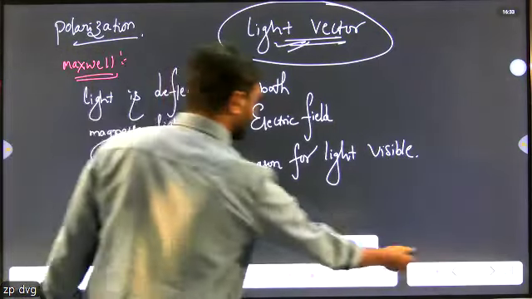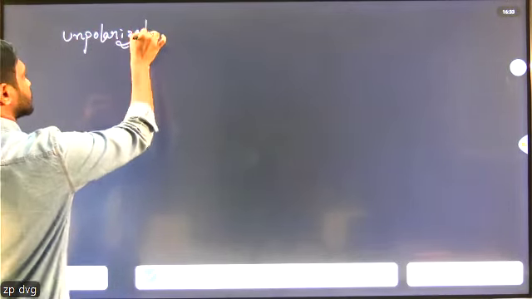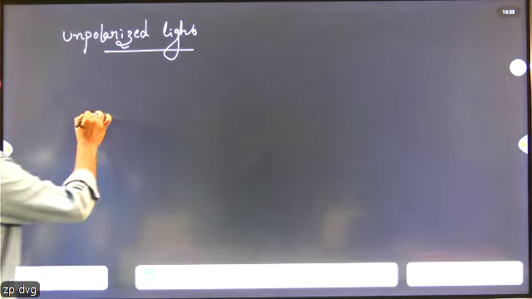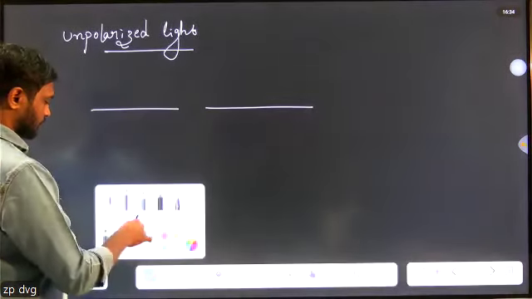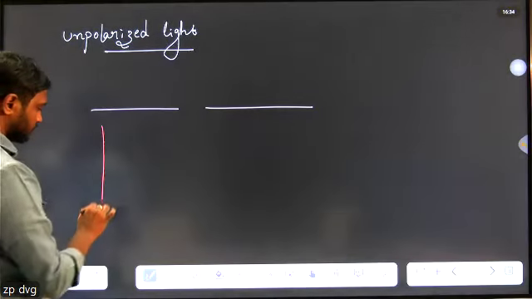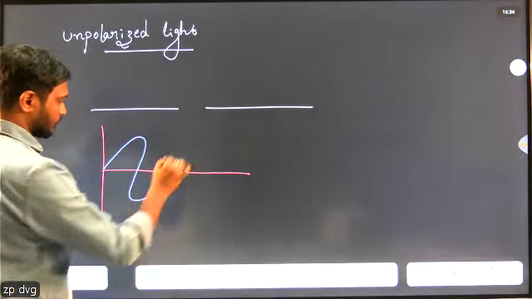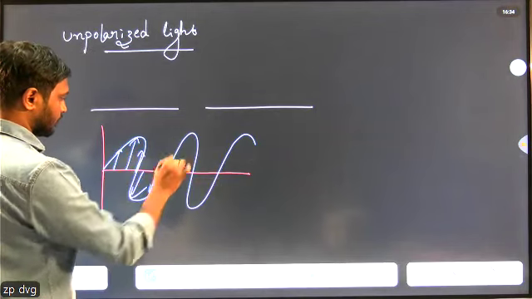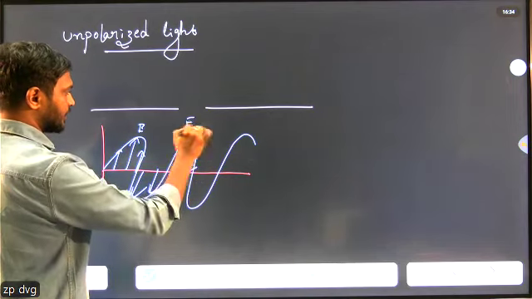How to represent unpolarized light? So this is the electric field.